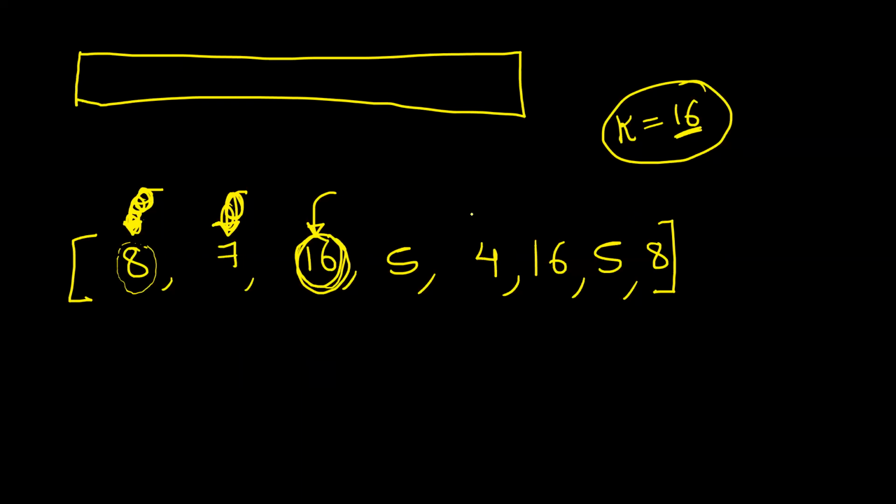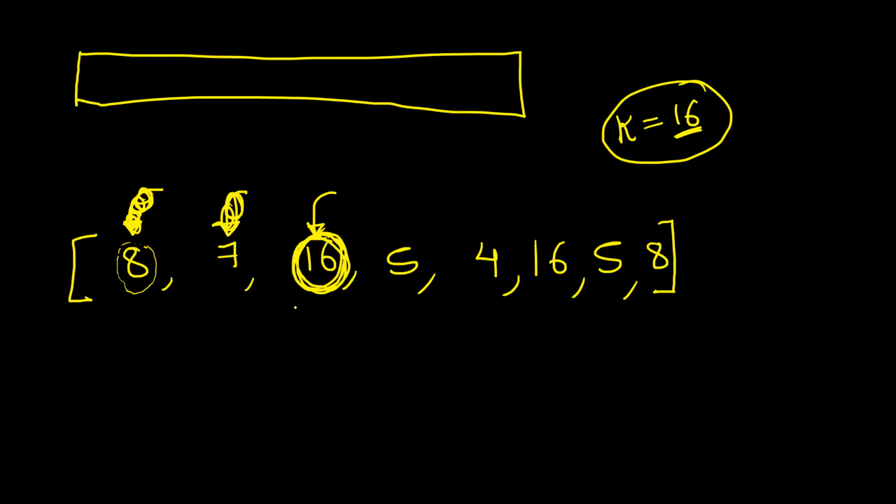Do you need to move further? No. Why? Because I am interested in the first occurrence of 16. As soon as I know, boss, this is 16, I no longer want to search in the remaining part of the array because I was only interested in the first occurrence of my target. So I will say, boss, I have found my target. So I will simply break.